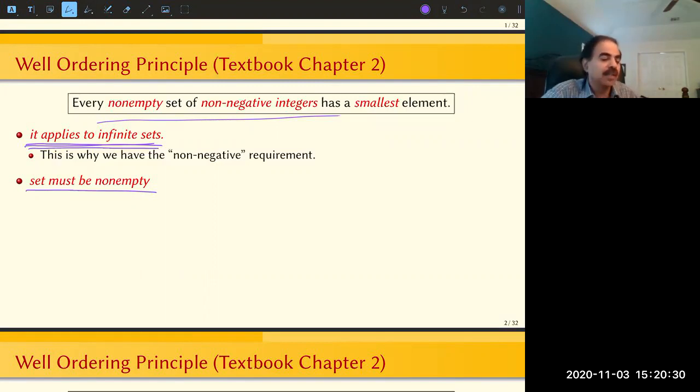So there is no way to find a minimum element if there are an infinite number of negative numbers. This is why WOP holds for sets containing non-negative integers. This is something you should pay attention to.